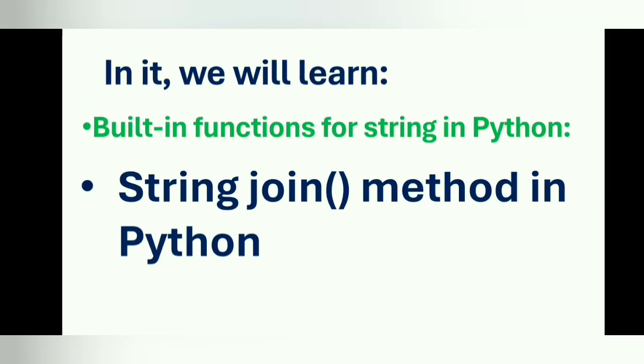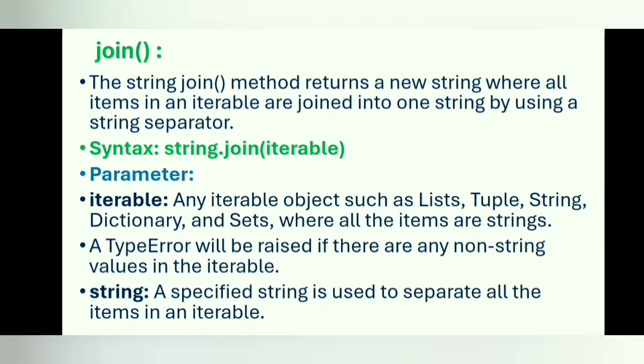In this Python tutorial, we will learn built-in functions for string in Python: the string join method. The string join method returns a new string where all items in an iterable are joined into one string by using a string separator.